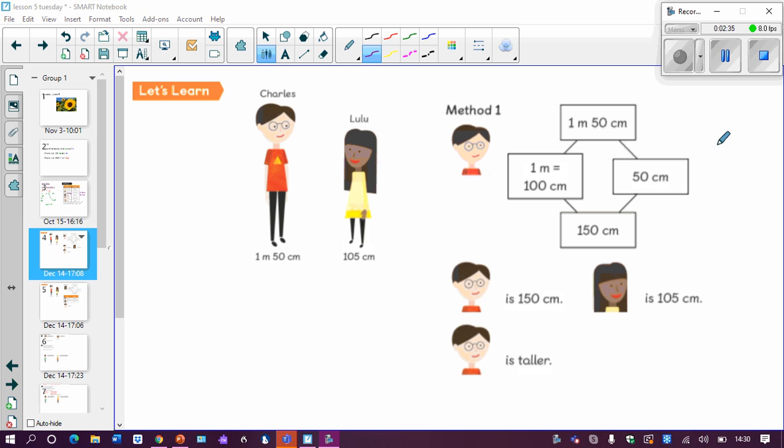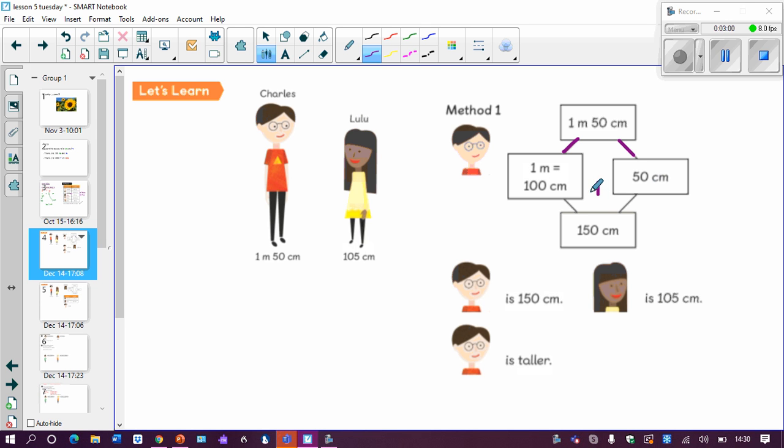So let's see the methods that we can do it. Now, they have a slightly different method to us. I chose to change Lulu's measurement. They are choosing to change Charles. They partitioned the number, just like we did. 1 metre is the same as 100 centimetres, and 50 centimetres is 50 centimetres.